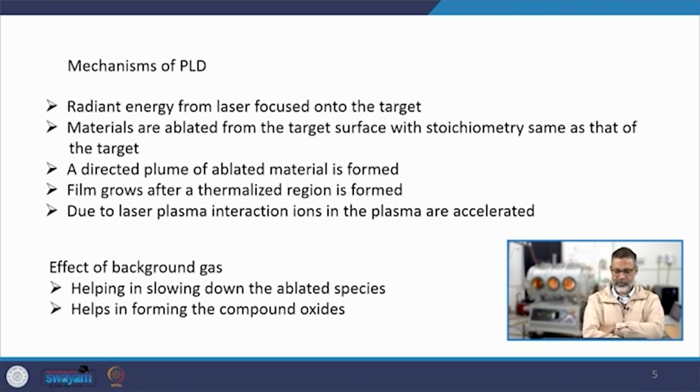But there are several parameters which one should maintain for the deposition of thin films.